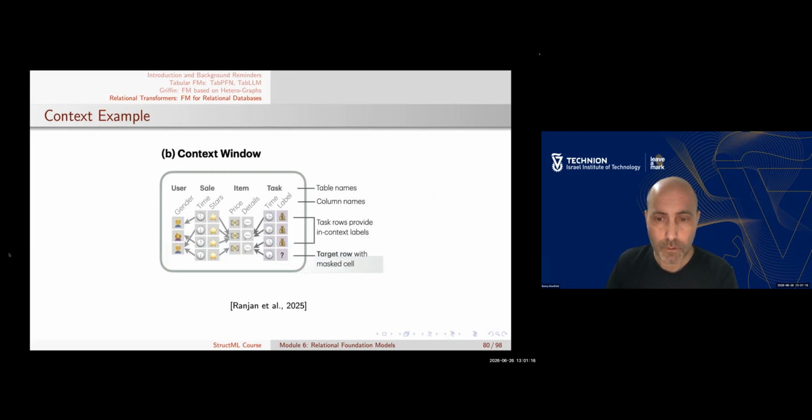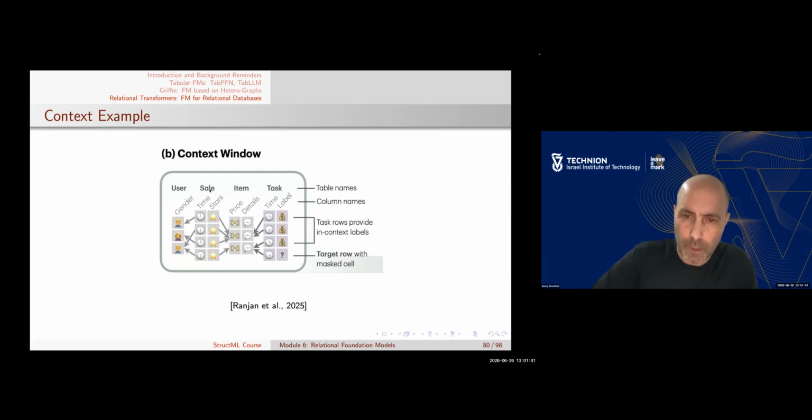Okay, so this is how it looks. We have here several tables. This is from the commercial domain. And so we have the task and the original database relations. Here it's user, item, and sale.